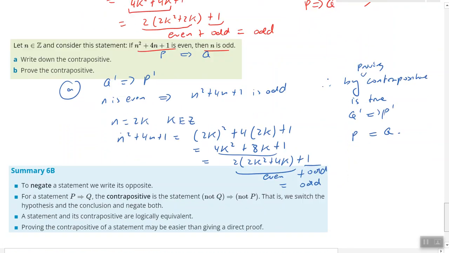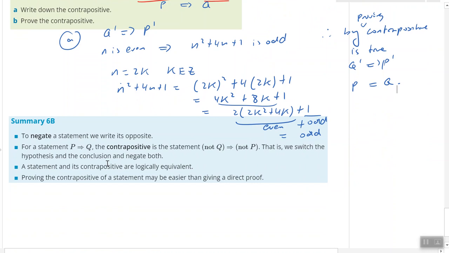Just summarizing very quickly, exercise 6b. To negate a statement, we write its opposite, so P goes to not P. For a statement P leads to Q, the contrapositive will be not Q leads to not P. That is, we switch the hypothesis and conclusion and negate both.